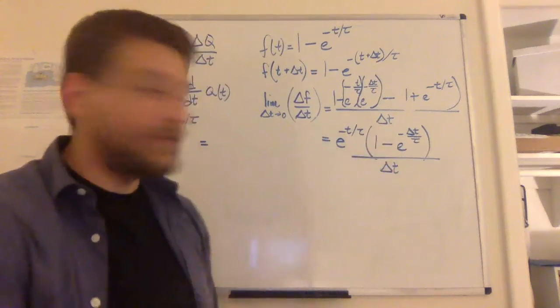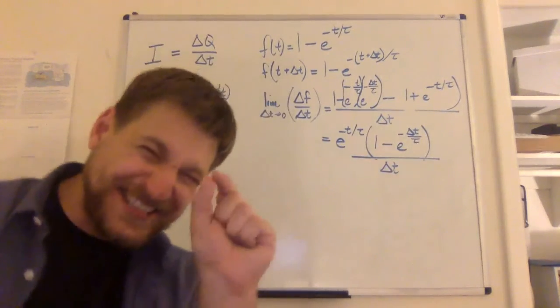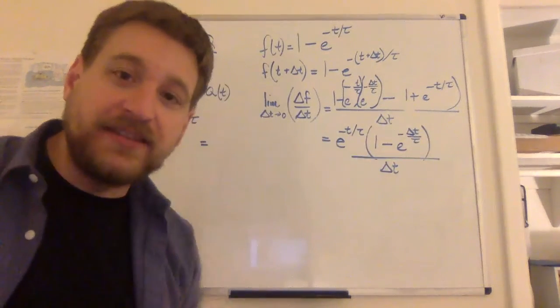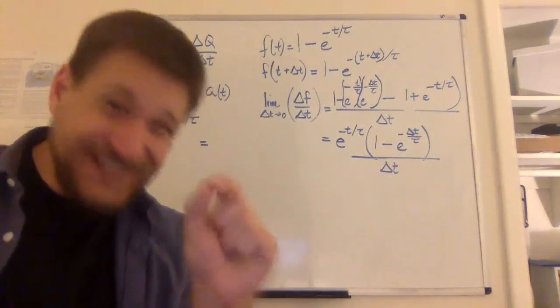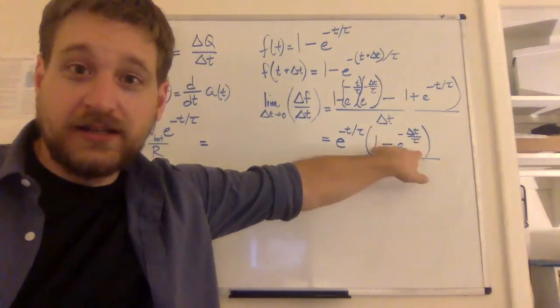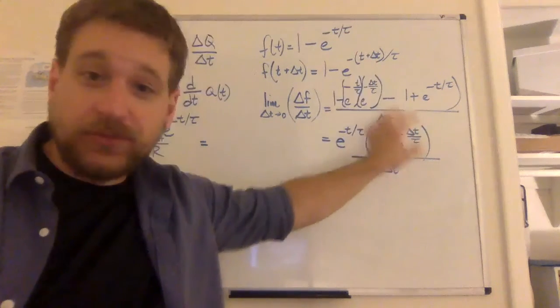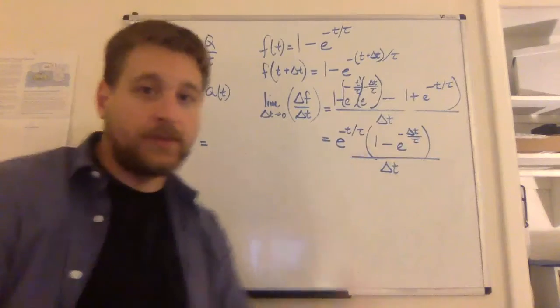If delta t were 0, they'd both be 0. So let delta t be just infinitesimally bigger than 0. The denominator is just infinitesimally bigger than 0, but so is this thing in parentheses. That's like a super, super small thing divided by the same super, super small thing. It's like 1.